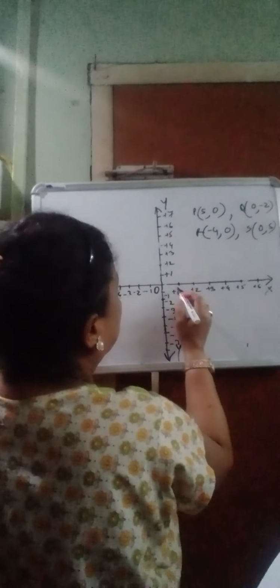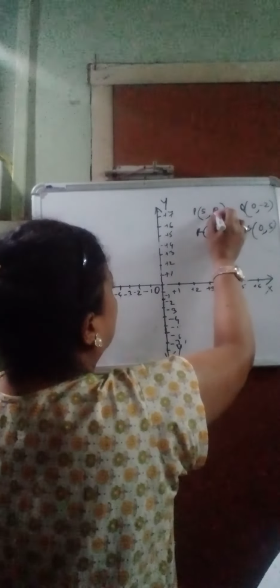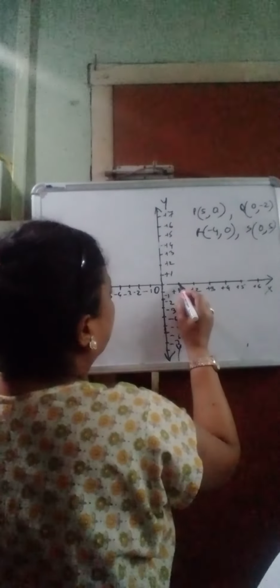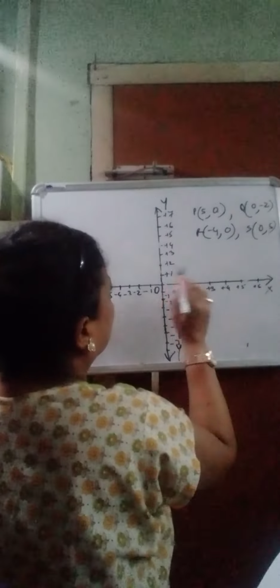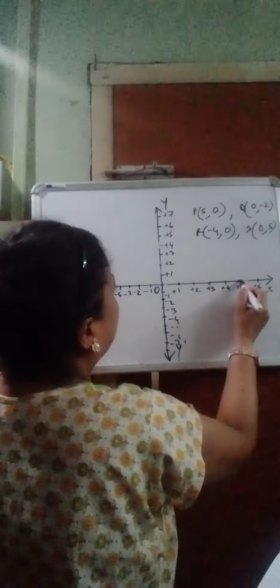In the case of P, you have to count. P is (5, 0), which means x is 5 and y is 0. So count 1, 2, 3, 4, 5 on the positive side, and y is 0.